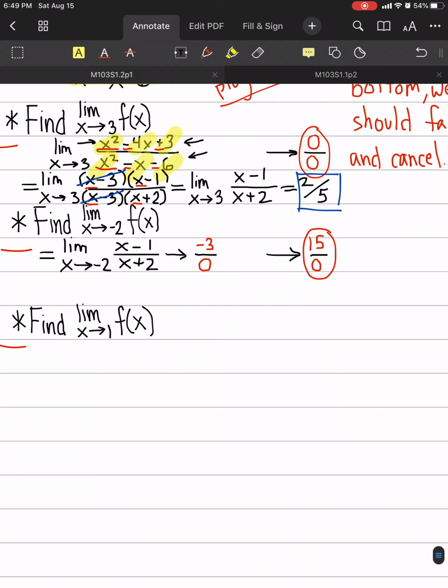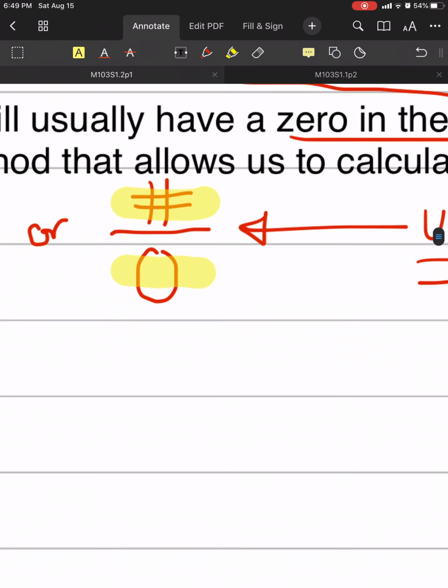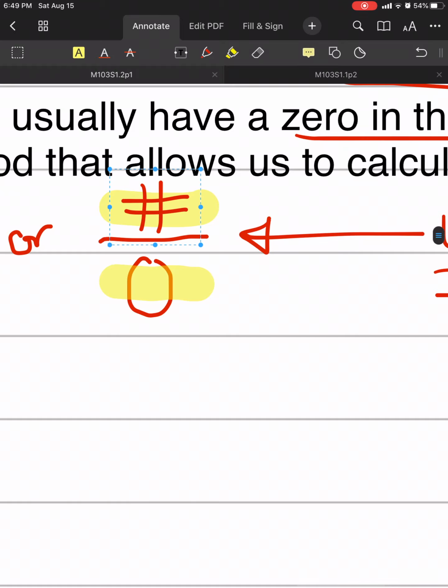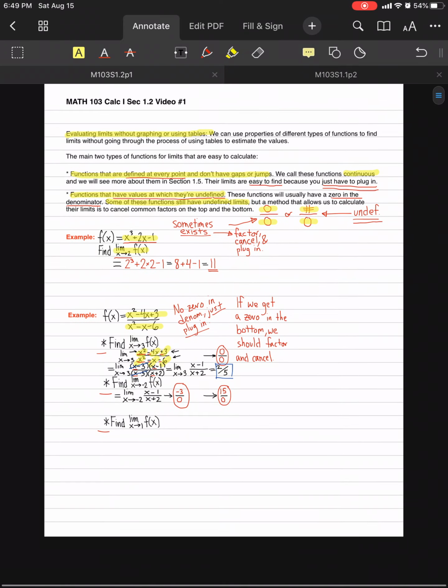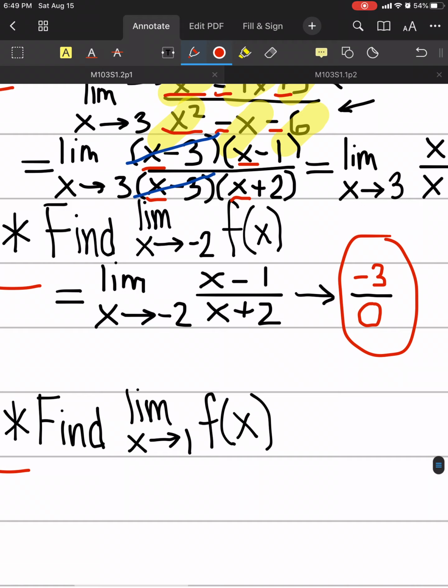You notice I didn't get the same fraction, but what I got shows me it doesn't matter exactly what fraction it is, because remember, what we said here is if we have a number that's not 0 on the top and 0 on the bottom, our limit is undefined. So this means this limit is undefined.